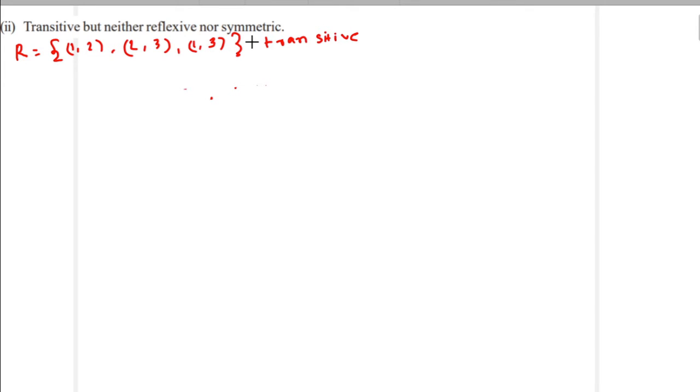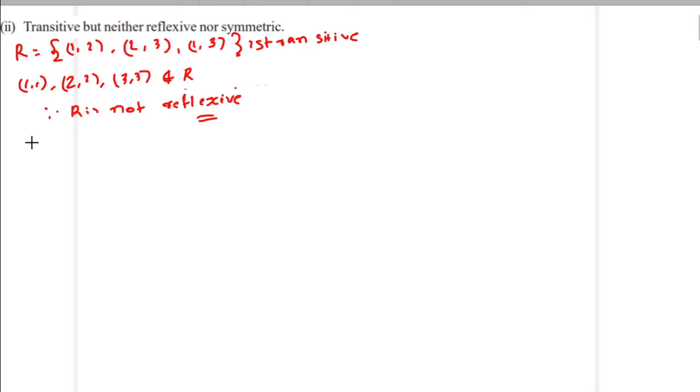Then you check reflexive or symmetric. So you can take (1, 1), (2, 2), (3, 3), which do not belong to R, therefore R is not reflexive.